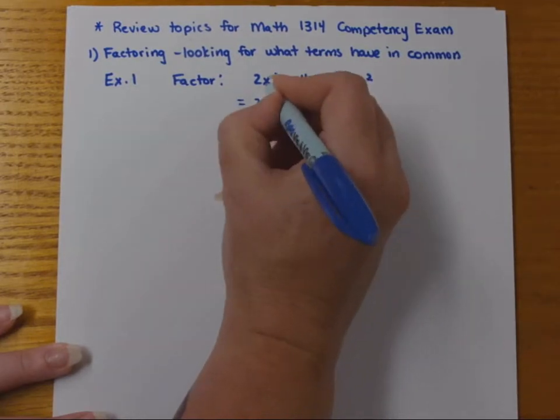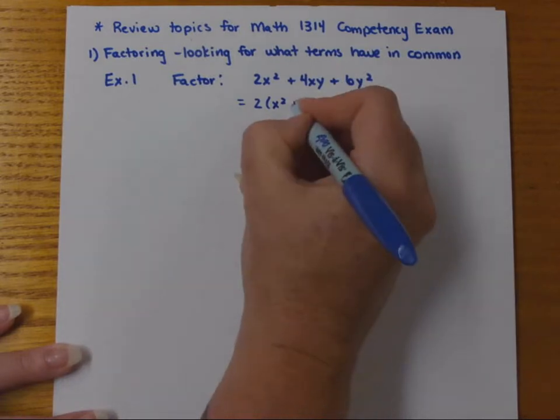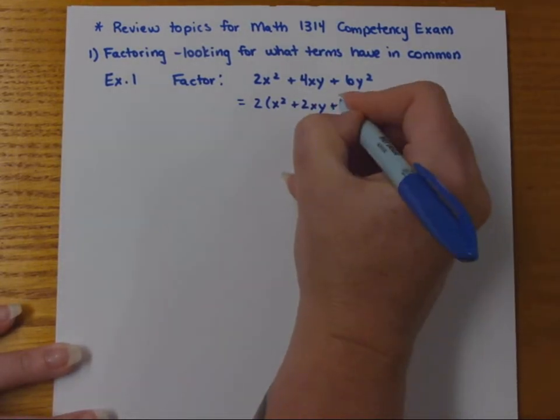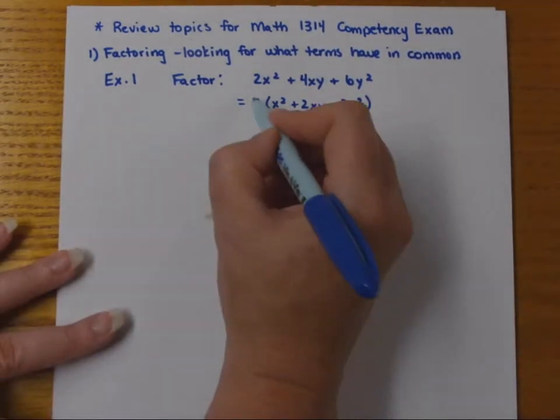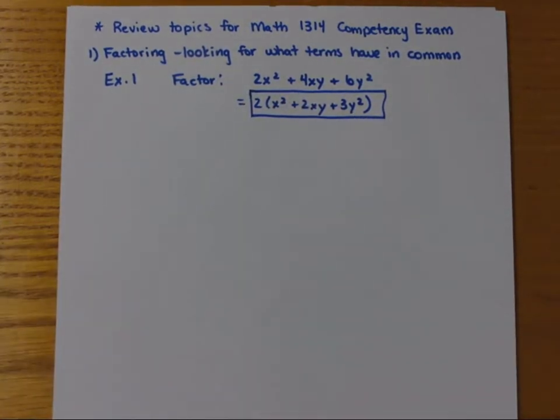So if you divide a 2 out from the first term, you would have x squared. If you divide a 2 out from the middle term, you would have 2xy. And if you divide a 2 out from the last term, you would have 3y squared. Okay, so sometimes factoring is just that simple. It is pulling or dividing out what all of the terms have in common.